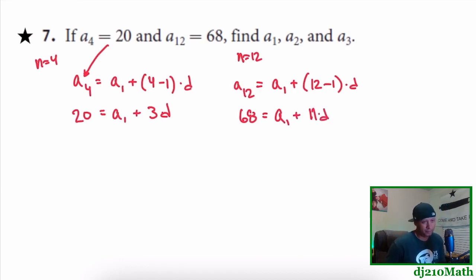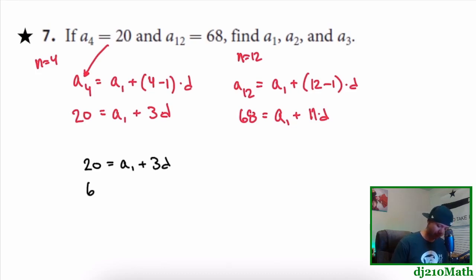Okay, this is where we got to reach way back. We have two formulas with two variables. So 20 is equal to a sub 1 plus 3d, and 68 is equal to a sub 1 plus 11d.